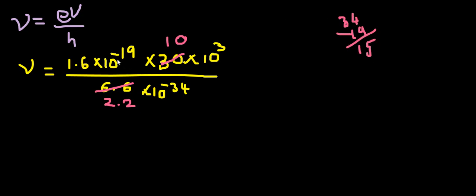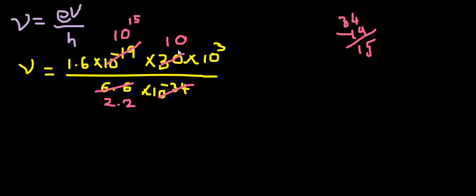So this is going to be cancelled. It is 10 power plus 15 actually. Otherwise you can write here 10 power minus 50. Both are going to be the same, nothing is going to be wrong here. I'm just writing here 10 power 15.